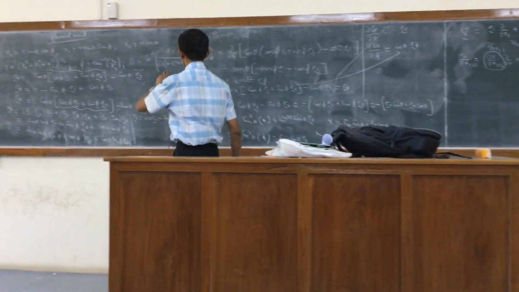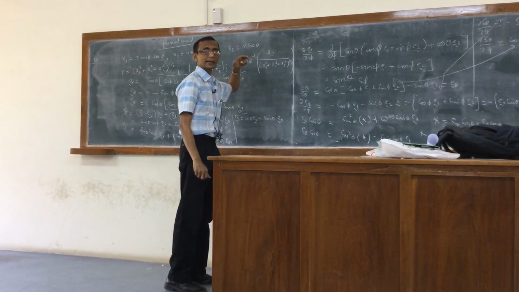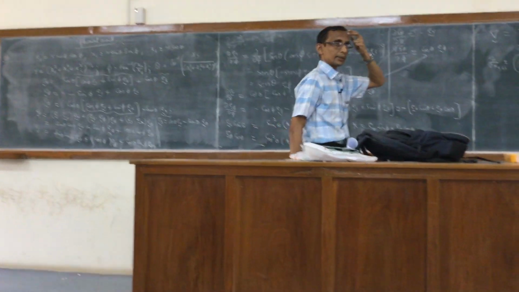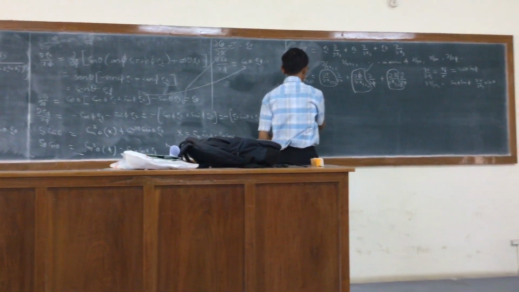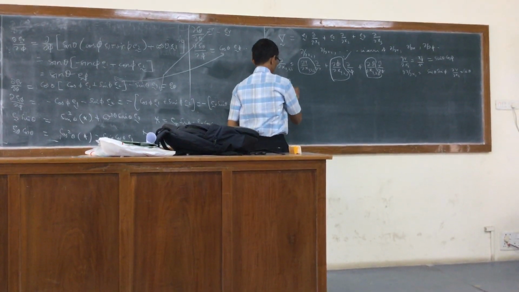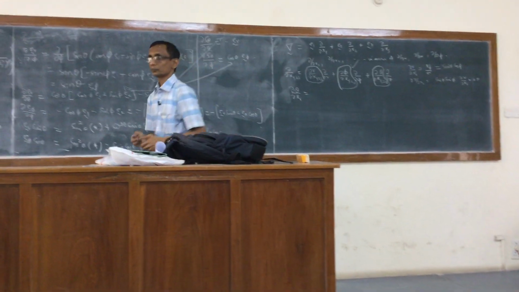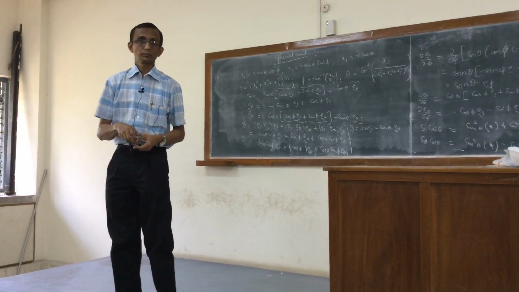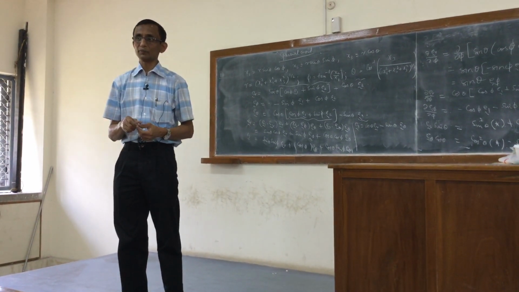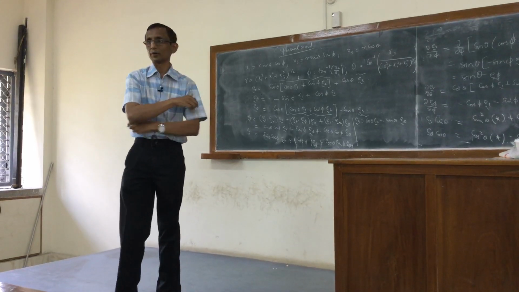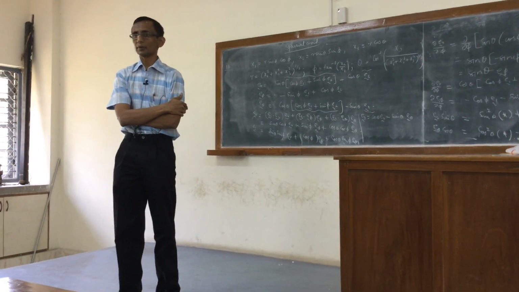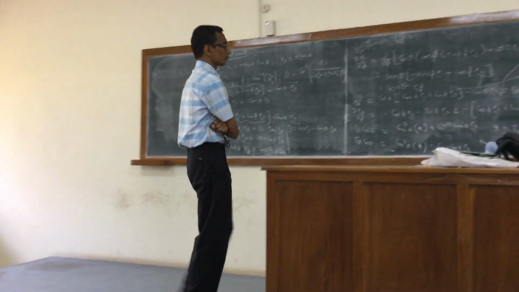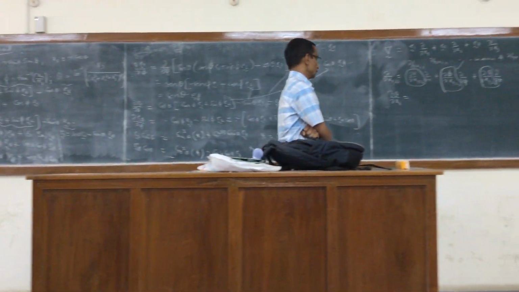But the new ones are d theta by dx1, d theta by dx2 and d theta by dx3. So how do you calculate d theta by dx1? Theta is cos inverse, so you differentiate cos inverse, which gives 1 by the square root of 1 minus x squared.